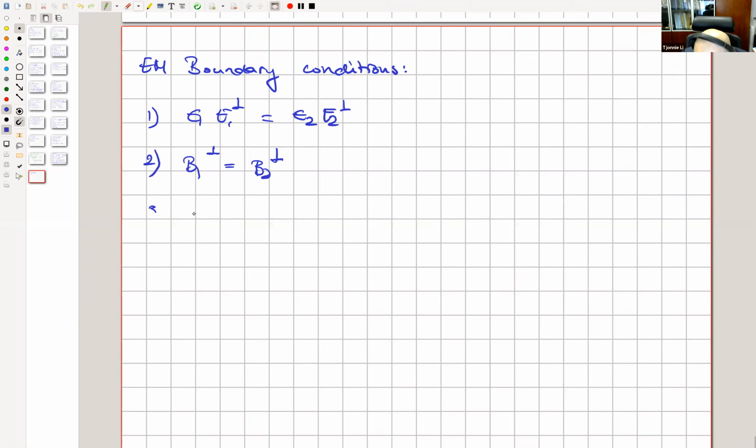And three, E parallel is the same parallel. And four, B parallel: one over mu1, B1 parallel equals one over mu2, B2 parallel.